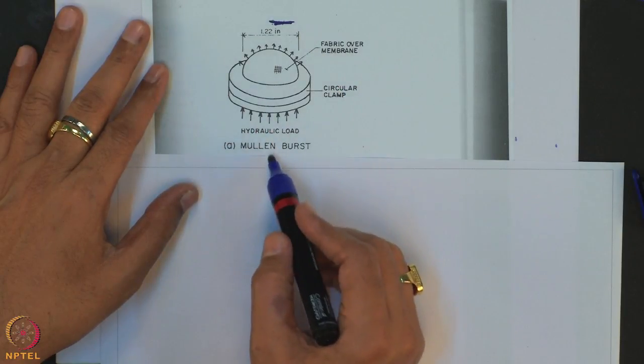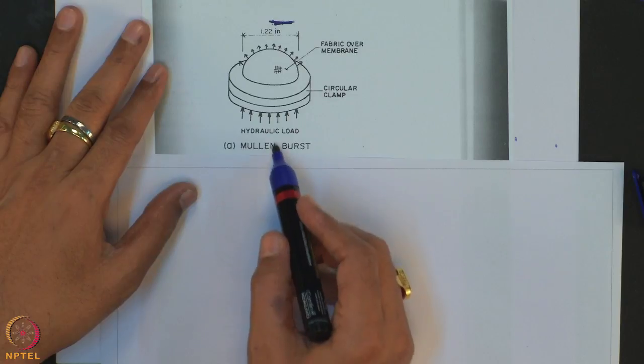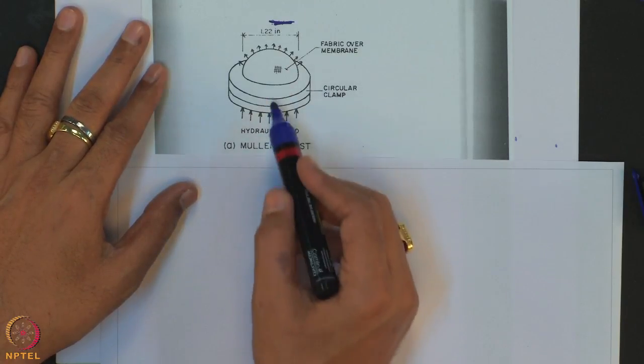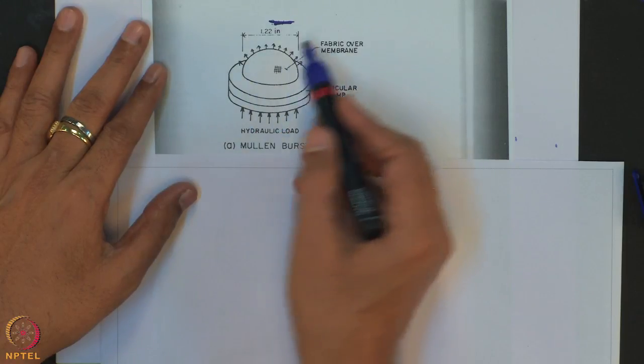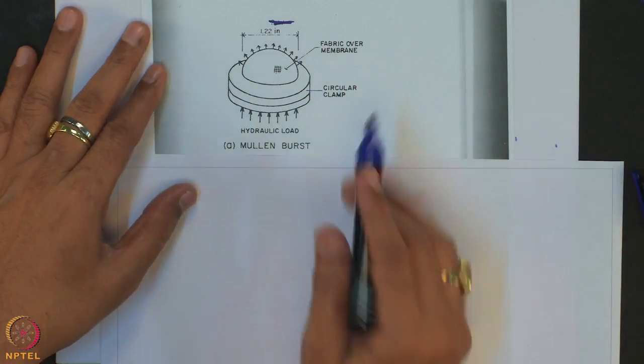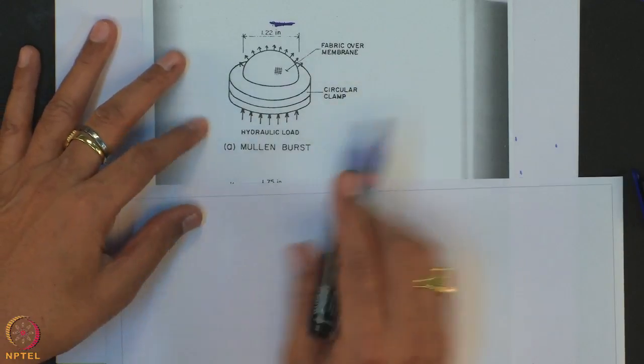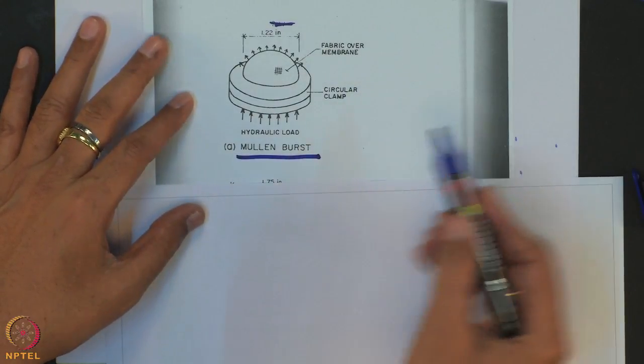And then in the Mullen burst test, you apply the hydraulic load from the bottom and this geotextile membrane may burst. So, this is what you call the Mullen burst test.